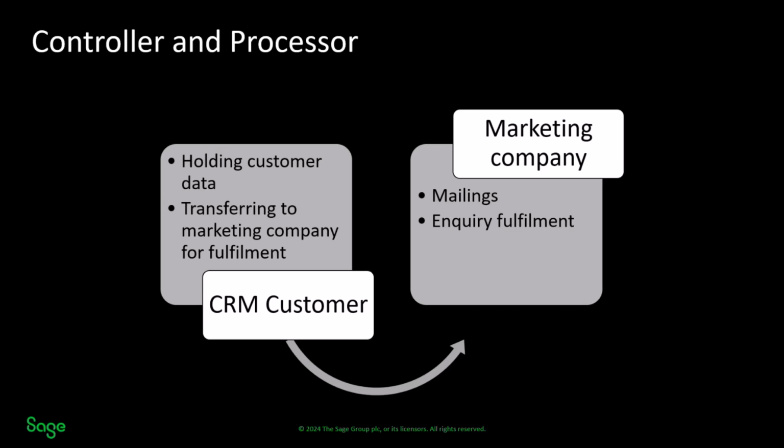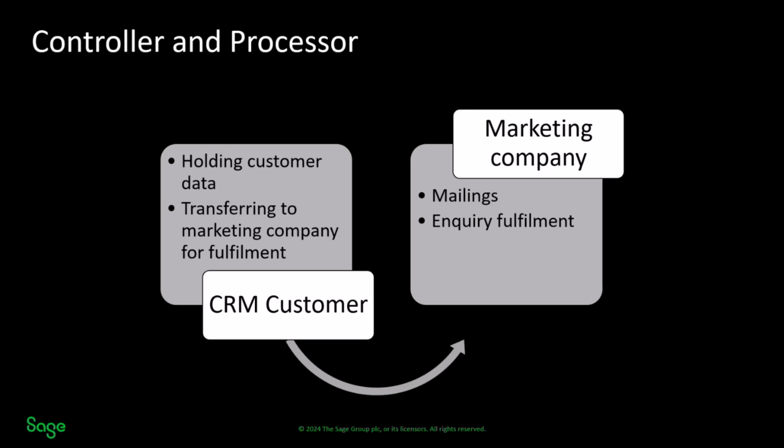Now, the good news is that Sage CRM, which we're going to be exploring in the next few lessons, will look at the specific functionality to help customers meet their data consent management obligations. And that includes extending that management over custom fields.